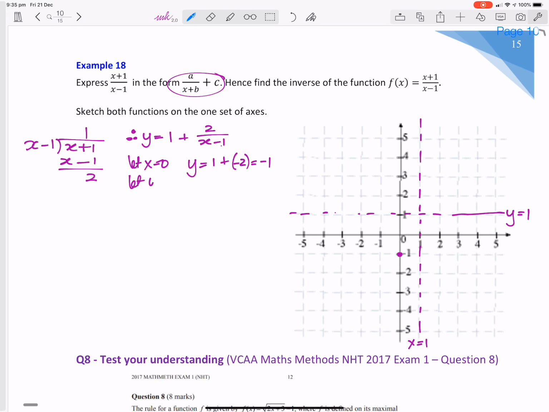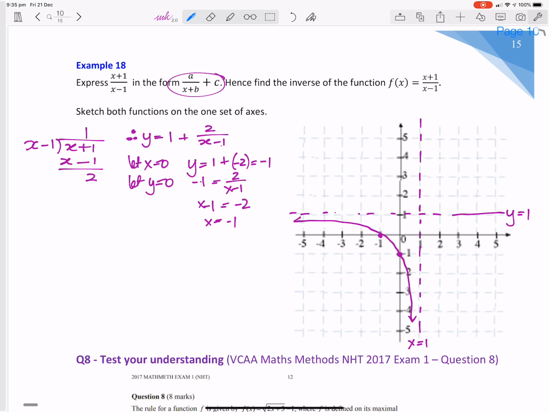If we let y equal 0, we get negative 1 is 2 on x minus 1. If we switch these two things, we get x minus 1 is negative 2. X is negative 1. So the graph's going to look like that.